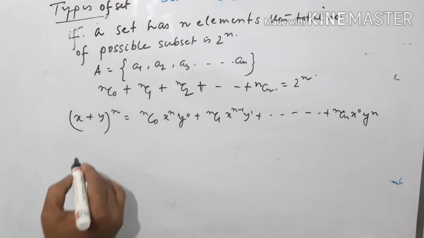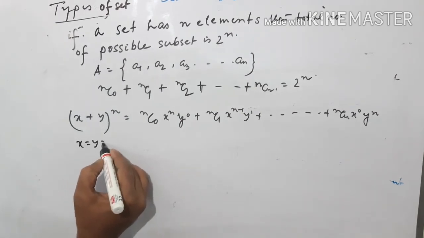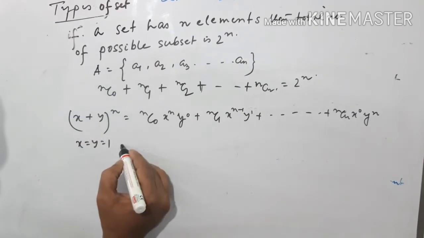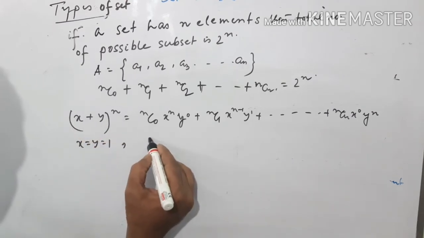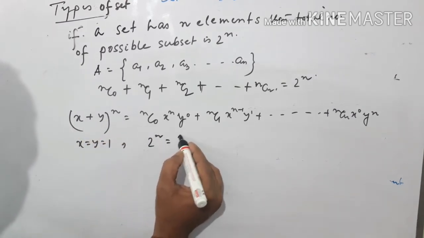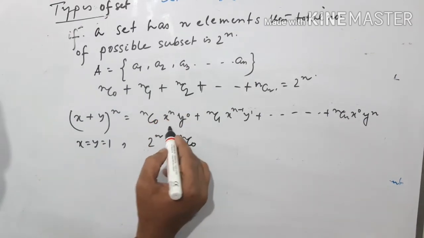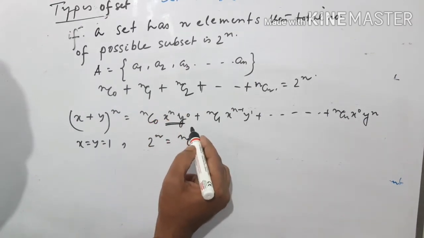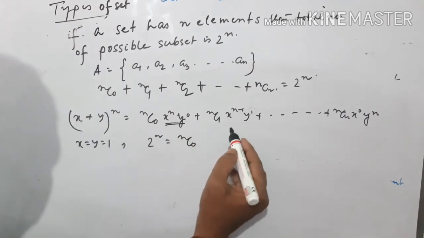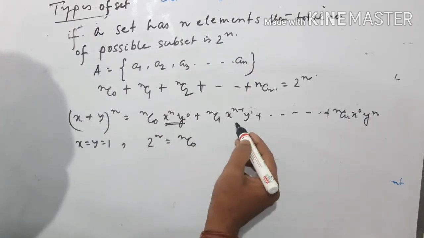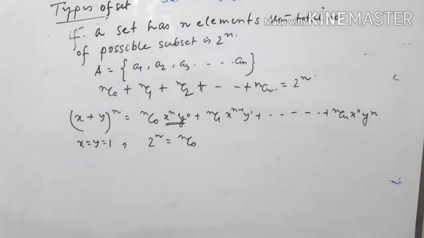Now if we put x equals y equals 1, the LHS is (1 plus 1) to the power n, that is 2 to the power n, equals nC0 plus nC1 and so on. Whatever may be the power of x and y, since these values are 1 and 1 respectively, all the x and y powers are 1.